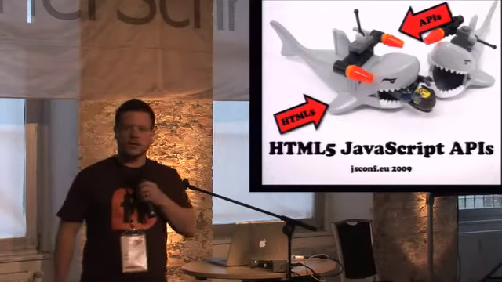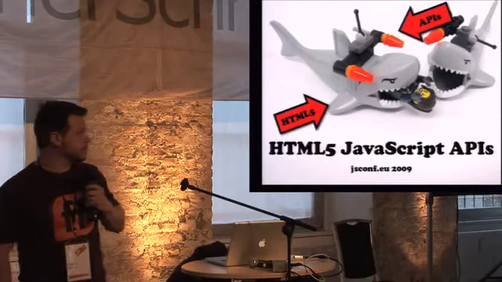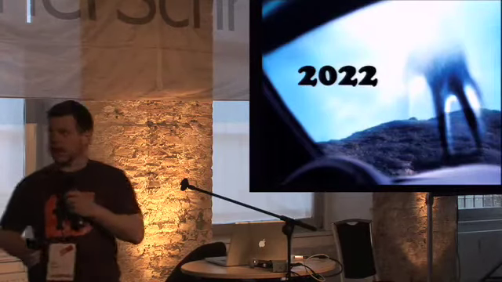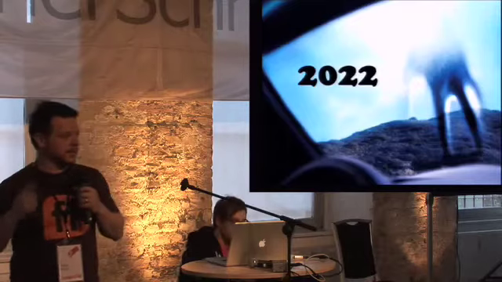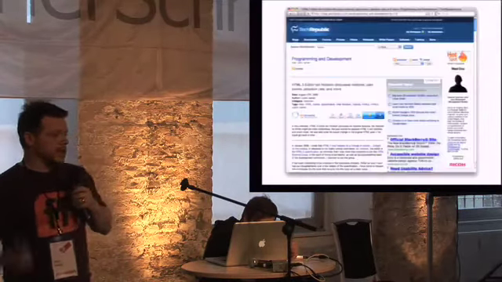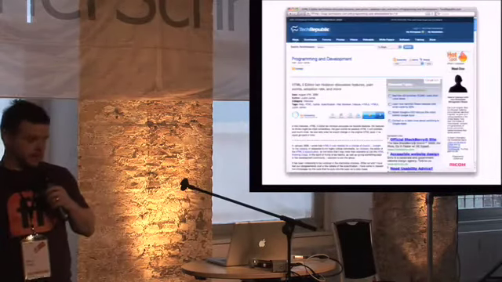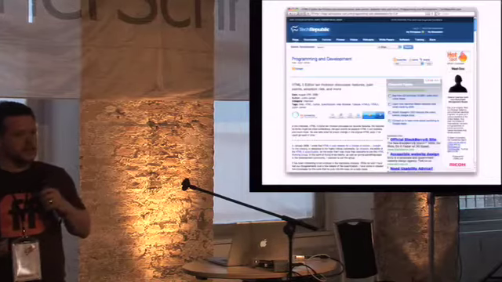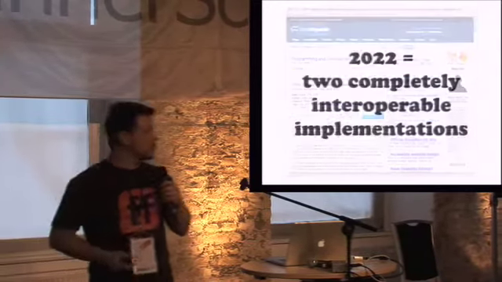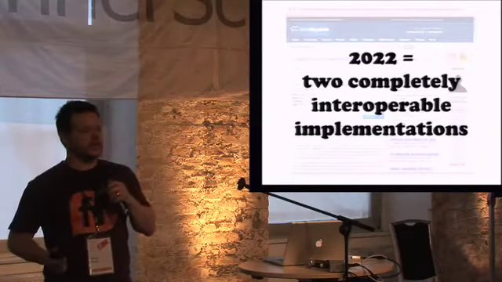I'm going to show you some of the code that's in the JavaScript APIs and how they can be used. Before I jump in, I wanted to mention 2022, because that's the date that rings with HTML5 as well. It came out of an interview with Ian Hickson, the editor of HTML5, with Tech Republic. 2022 is the date that two browsers have a completely interoperable implementation of HTML5.